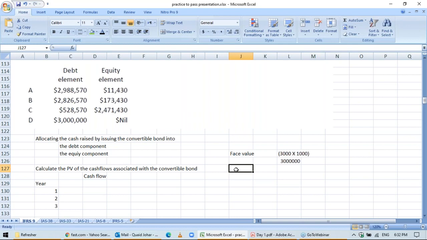And the interest payment amount will be calculated on the face value, which is 3 million, multiplied by the stated rate of 7%, which makes 210,000.